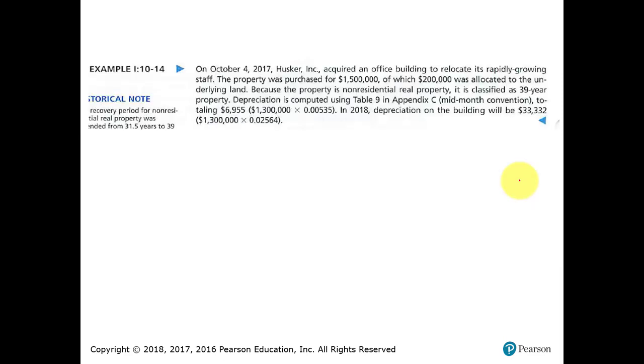Let's take a look at an example. Here is non-residential, an office building. We have a cost of the whole property of 1.5 million and 200,000 is land costs. So what's depreciable is what's allocated to the building, the improvements.